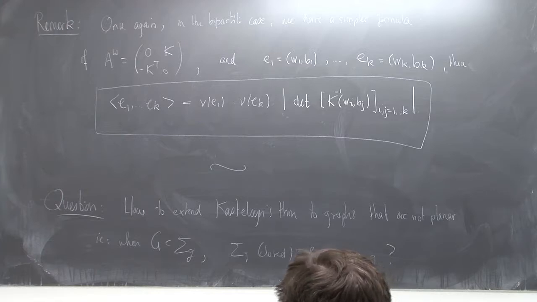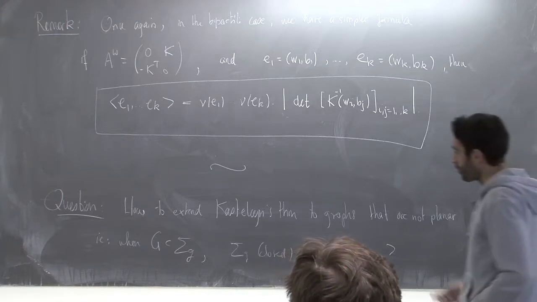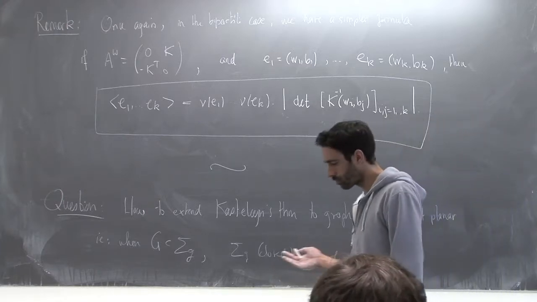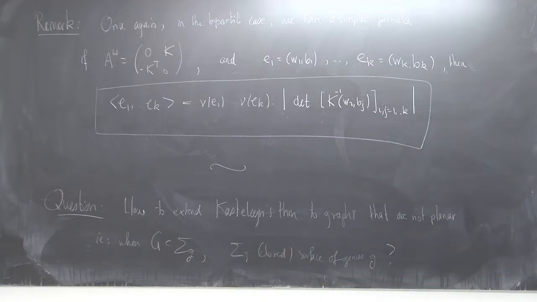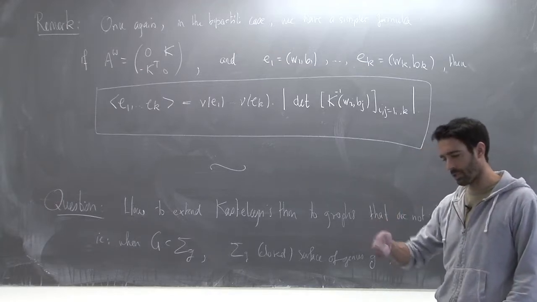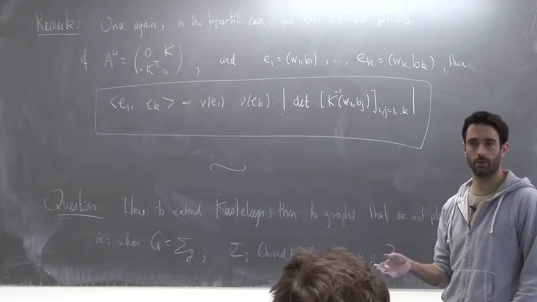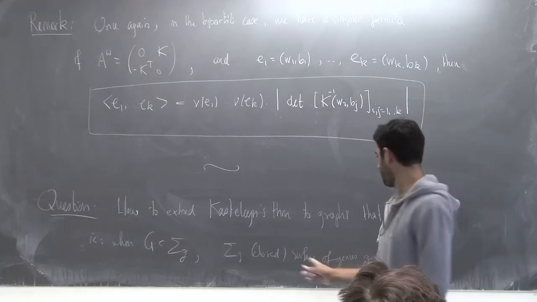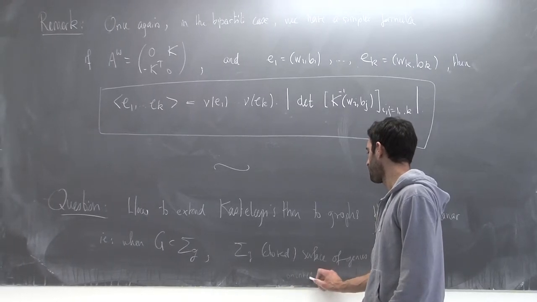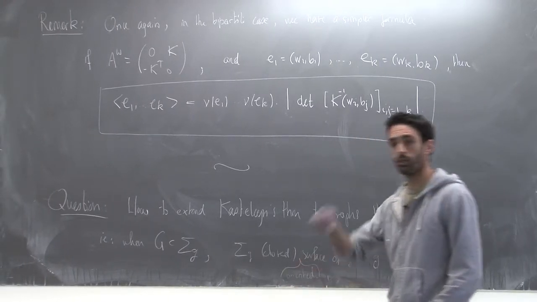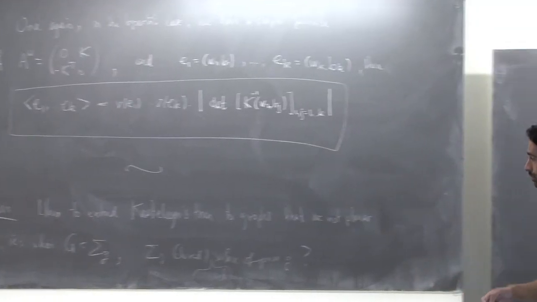So the issue here is we used planarity in Kasteleyn's theorem in a very crucial way at some point in the proof, you remember. As I said already last time, if you just want the Kasteleyn condition counterclockwise, this makes sense on an orientable surface. So here, of course, it's an orientable surface. Let's even say oriented. So it makes sense to talk about counterclockwise.